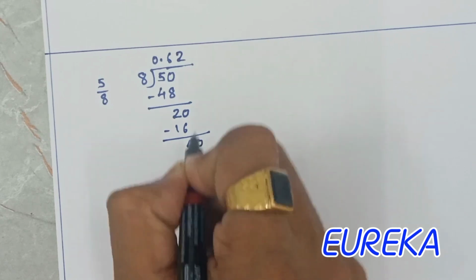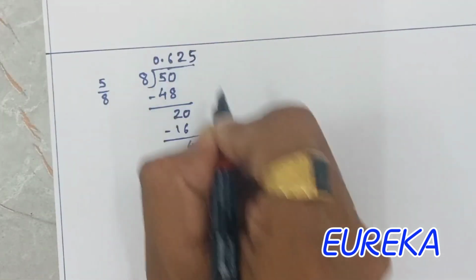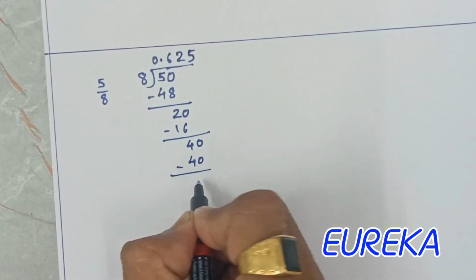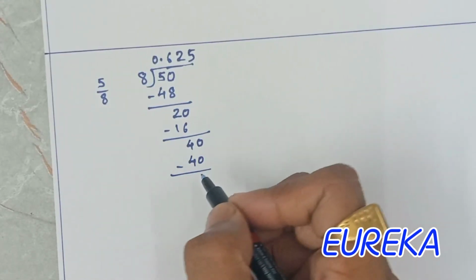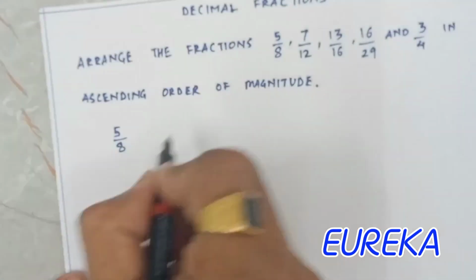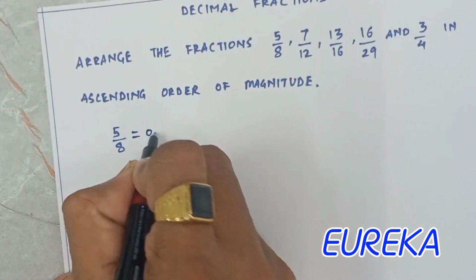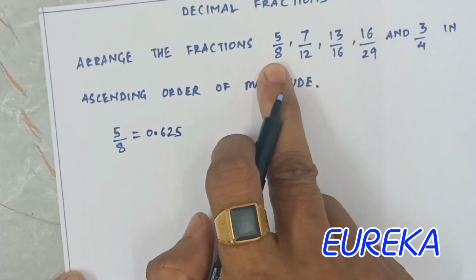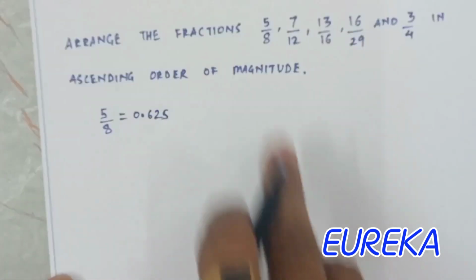If I write here 0, I'll get here 8 5s are 40. So because there is no further remainder, 0 is the remainder, so we can say that 5 by 8 is nothing but 0.625. We got the decimal fraction of the first number.